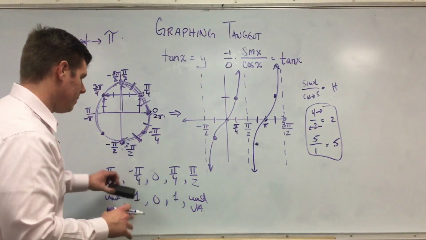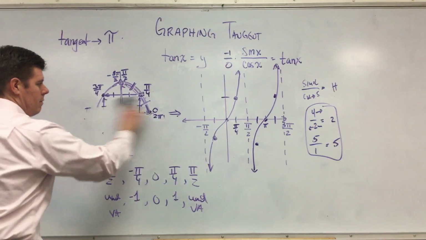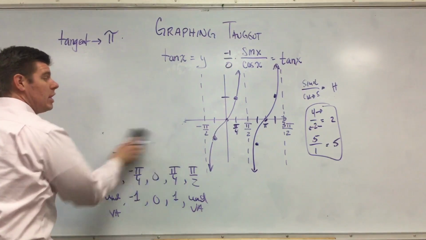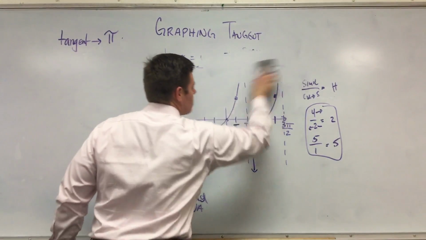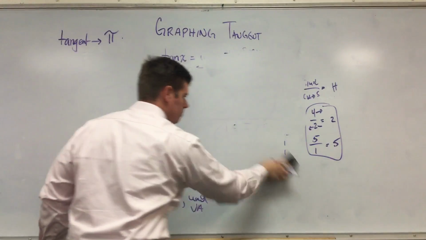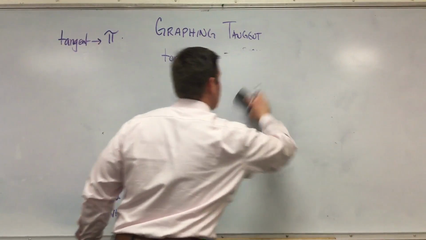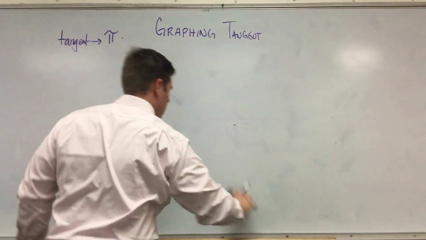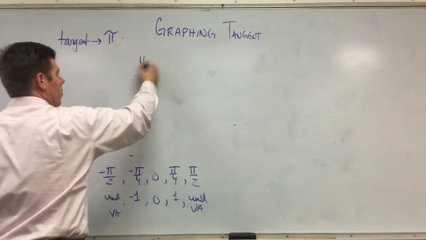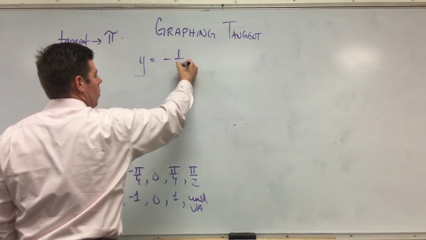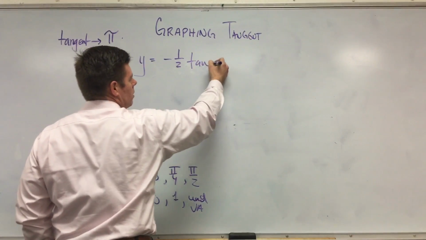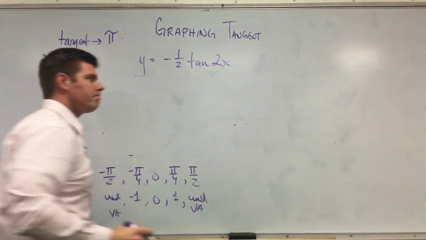So, keeping this in mind, let's go ahead and make an example of what happens if I change some things. So instead of just being the tangent function, the question came in to make it a little bit different, and it looked a little something like this: -1/2 tangent of 2x.